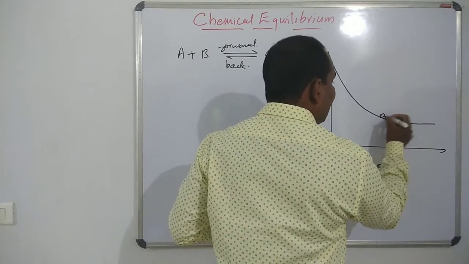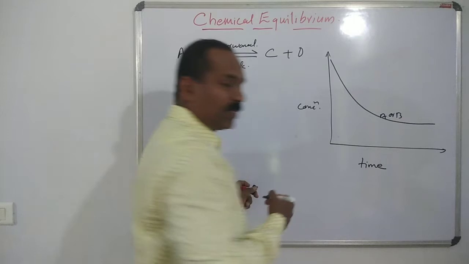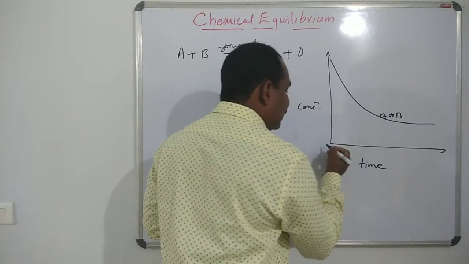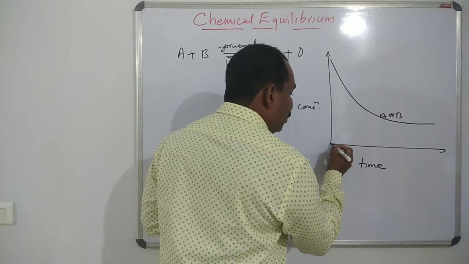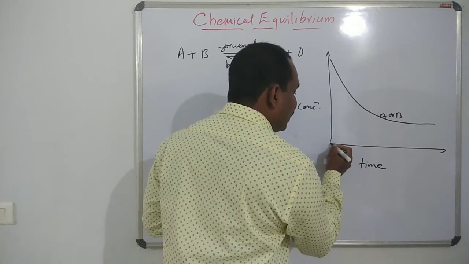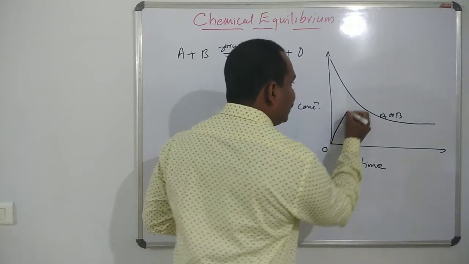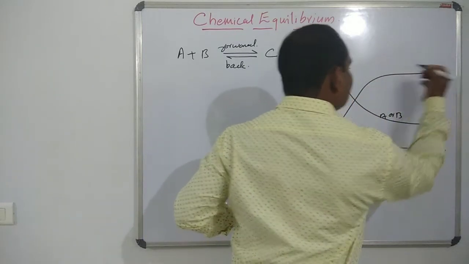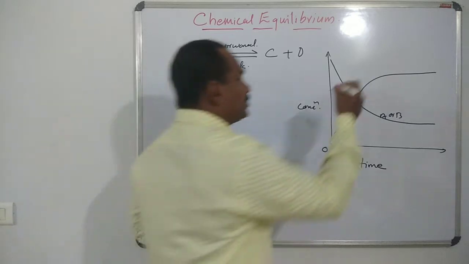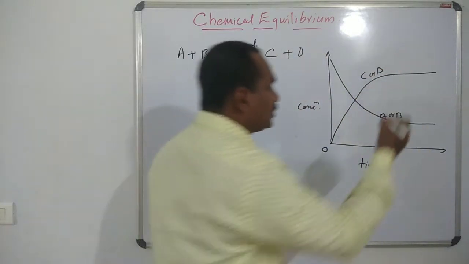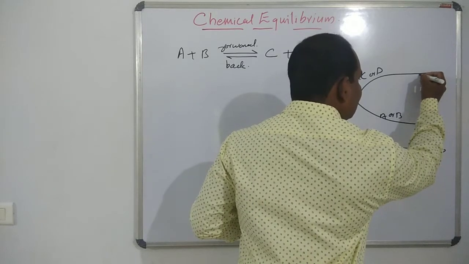This is A or B. When the reaction starts, the amounts of C and D increase. Initially the amount of C and D is 0, so C and D increase. This is C or D, and this is the equilibrium state.